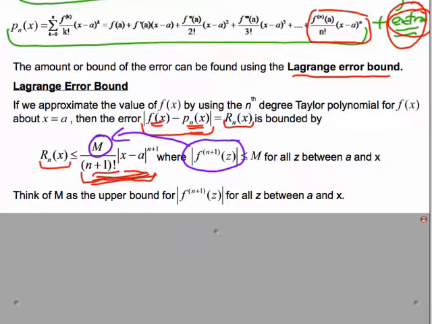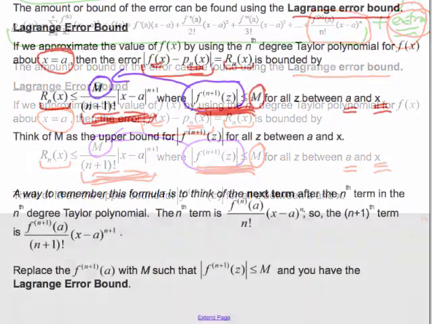The m is the n plus first derivative, and what this is saying is that it's the largest n plus first derivative of all values between the point your Taylor polynomial was set up at, x equals a, and the value you are approximating. So m is the biggest n plus first derivative for all values between our starting point a and where our estimate is at x.